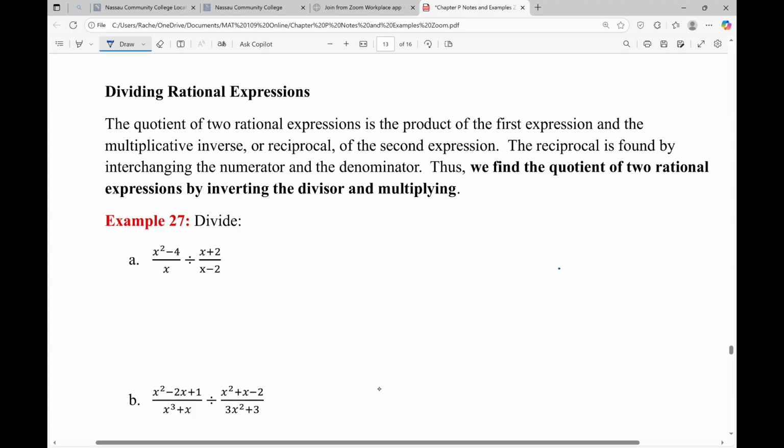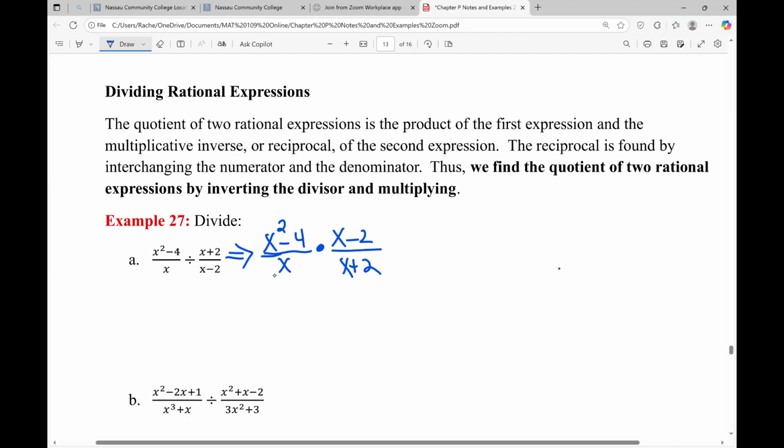Let's just rewrite this as x squared minus 4 over x. Change division to multiplication, so times, but then I have to take the reciprocal of the second fraction. So that's going to be x minus 2 over x plus 2. You see how I inverted the numerator and the denominator, right? And we're going to multiply.